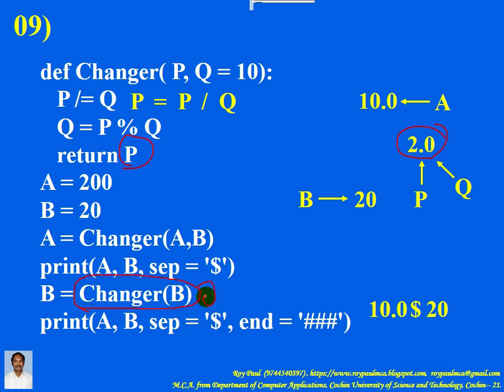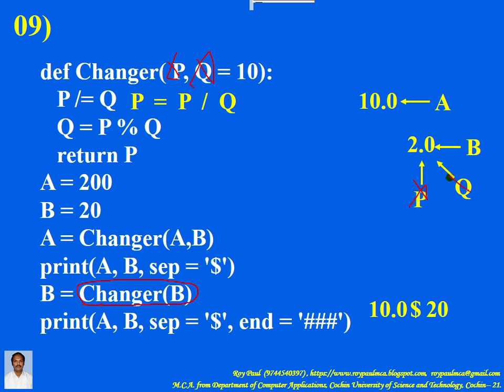So here 2.0 comes, that is assigned to B. So now your B is pointing to this 2.0. Cancel this, B is pointing here. Now, finally, when the control comes here, local variables P and Q do not exist.